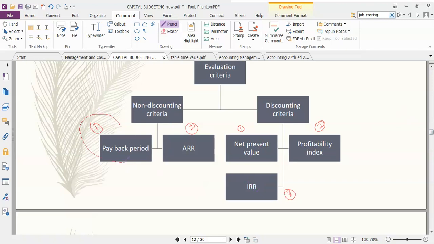All these five methods we use in order to make a decision whether the company should invest or not in a certain project, whether the company wants to buy the machine or not. All these five methods we use in order to make a decision in capital budgeting.